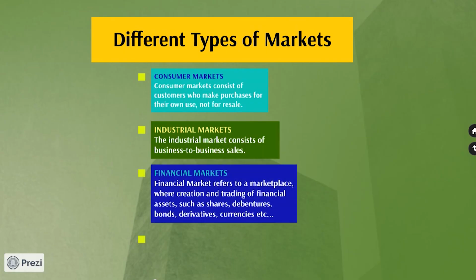Next up, we have the financial market. The financial market refers to a marketplace where creation and trading of financial assets such as shares, debentures, bonds, derivatives, currencies, etc. takes place.